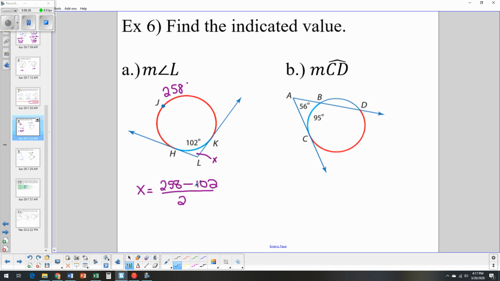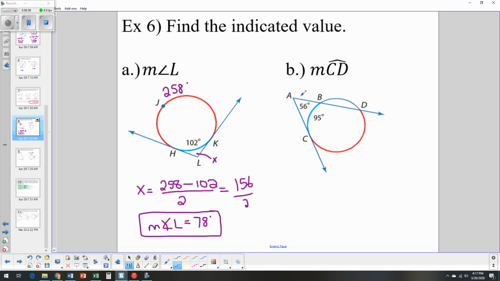I can actually simplify that, so I get 156 over 2. So x, or what we were really looking for was the measure of angle L, equals 78 degrees. All right.